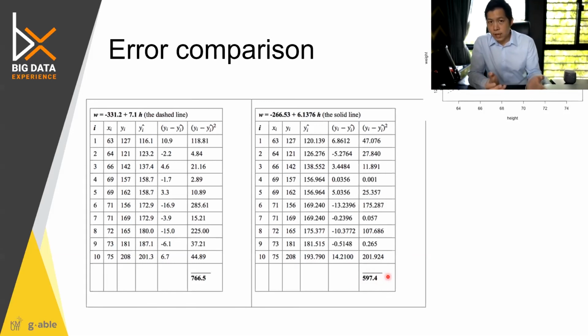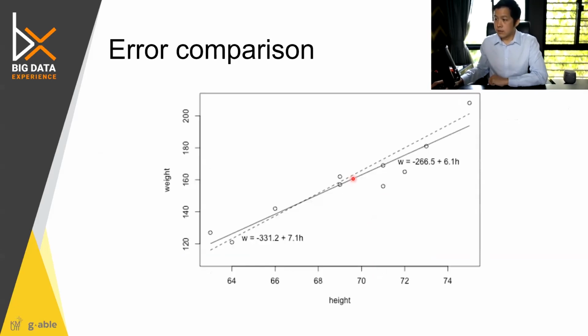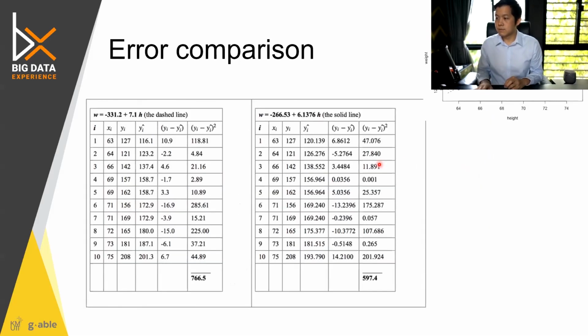So now which line is the better one, the dashed line or the solid line? It should be the solid line, right? The minus 200 one, because you can see that it has lower errors. This one has lower errors compared to the first one. Probably because these 2 points are kind of far off from this one, the line shouldn't exist there, right? All right, so now we see that the lower error indicates better fit.